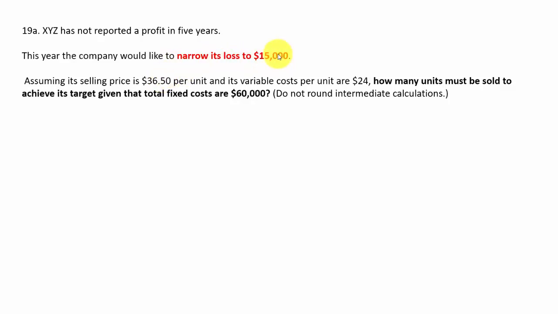So they're just hoping to get a loss that's no more than $15,000. Assuming its selling price is $36.50 per unit and its variable cost per unit is $24, how many units must be sold to achieve its target? And remember, the target is just to have a $15,000 loss, given that total fixed costs are $60,000.